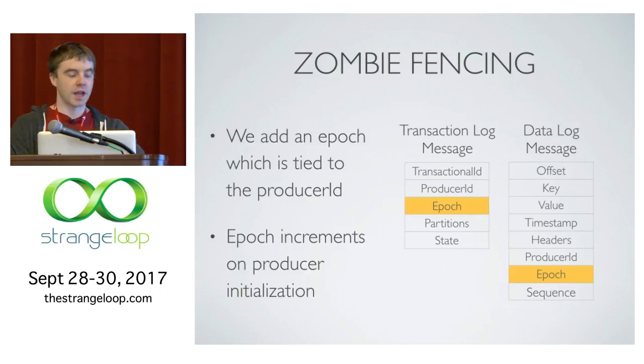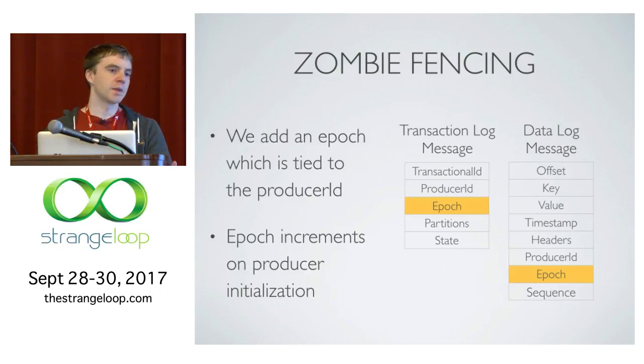The actual fence itself, like in many distributed systems, is an epoch. So the epoch is tied to a producer ID. The epoch increments when the producer is initialized. So the epoch is used on the broker to tell who is the latest producer.